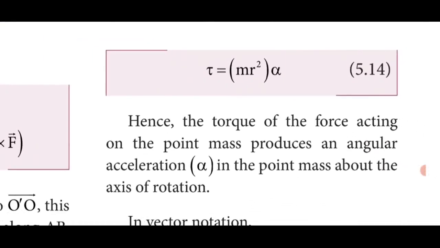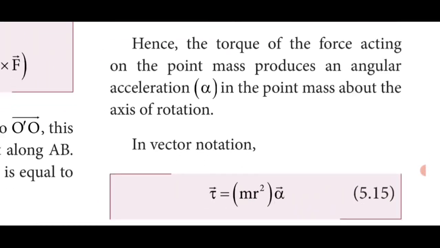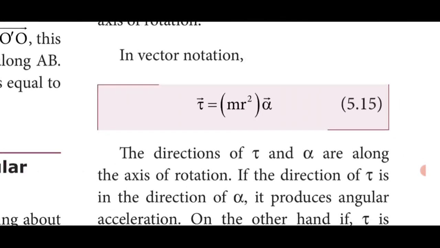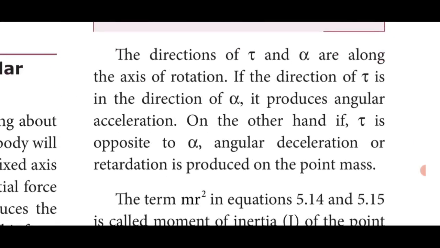So the torque of the force acting on the point mass produces an angular acceleration alpha in the point mass about the axis of rotation. In vector form it will be written like this. The directions of tau and alpha are along the axis of rotation. If the direction of tau is in the direction of alpha, it produces angular acceleration.